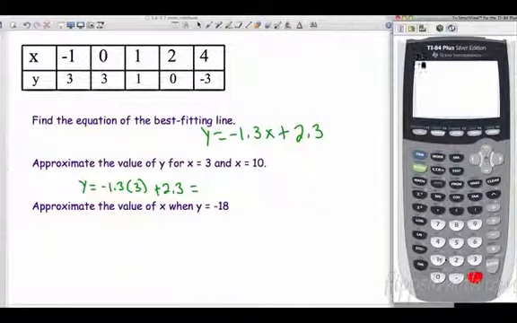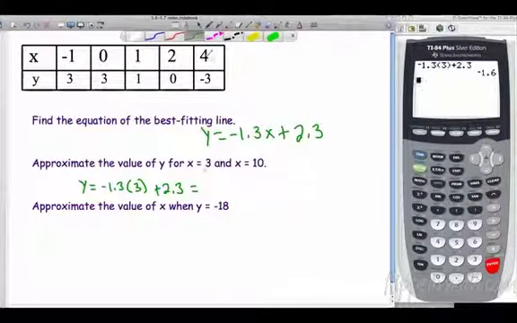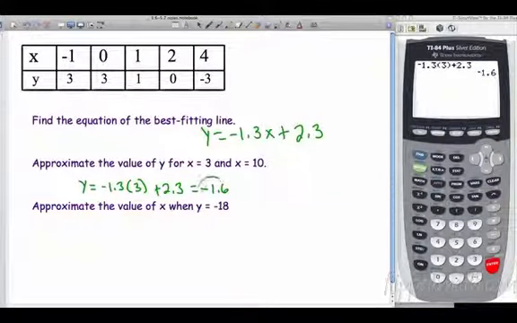Negative 1.3, I like using parentheses for multiplication, plus 2.3, and that gives us negative 1.6. So if x were 3, we would have a value of about negative 1.6.